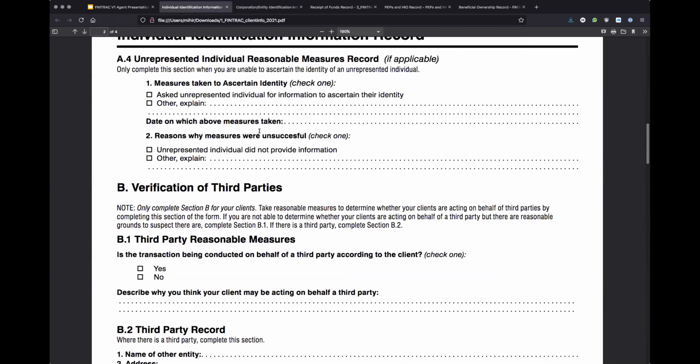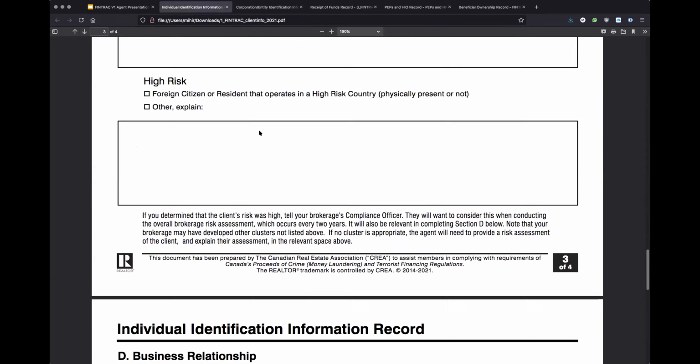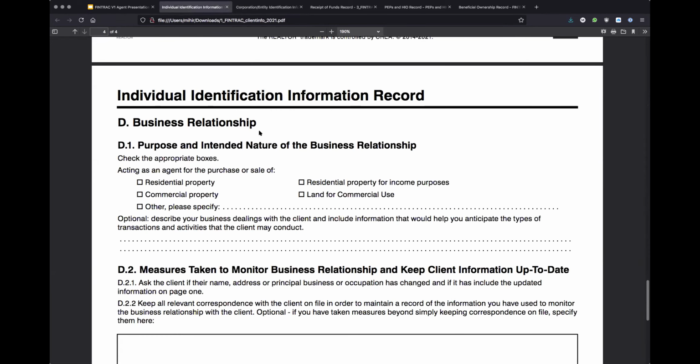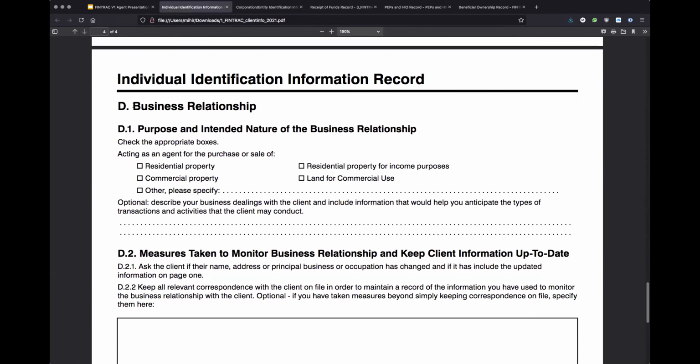Okay, now this section is Section D on both individual identification and corporate entity identification records, which is business relationship. For every single transaction, purchase and sale that you complete, you have to indicate what the purpose of the business relationship is.